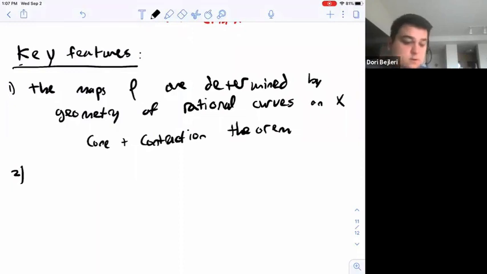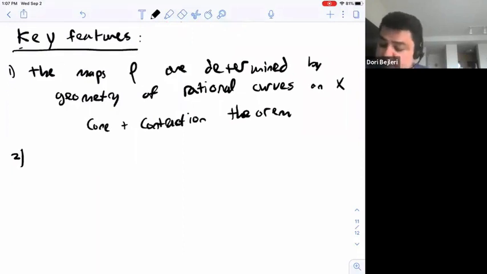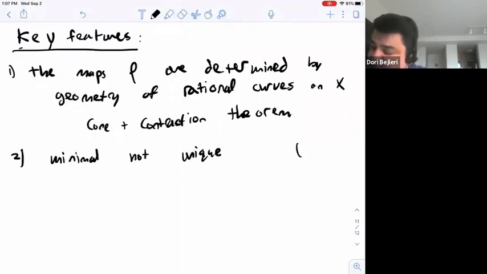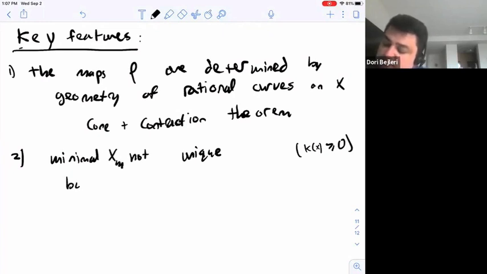Two, we know that minimal models are not unique. In all cases, but even in the non-negative Kodaira dimension case, where they were unique for surfaces, they're no longer unique. But again, in this non-negative Kodaira dimension case, Z, this canonical model, is unique.